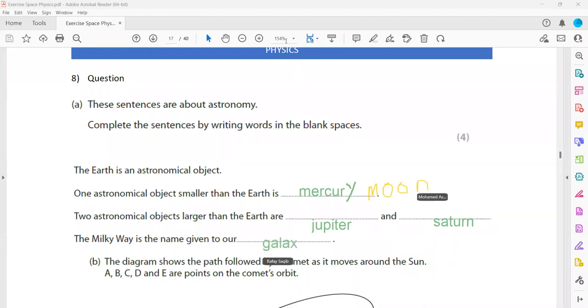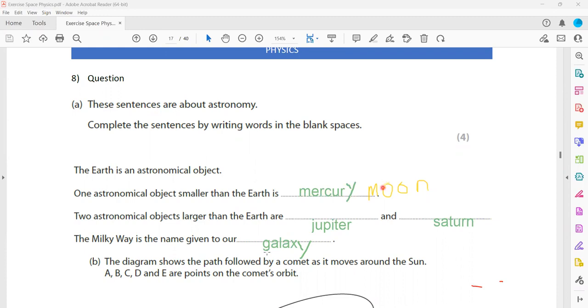So you have to mention the first one: one astronomical object smaller than Earth is. Here you have a variety of answers. You can mention a moon, a comet, or any planet like Mercury, Venus, and Mars. You can mention Pluto, neutron star, dwarfs. Lot of possible answers for this one.